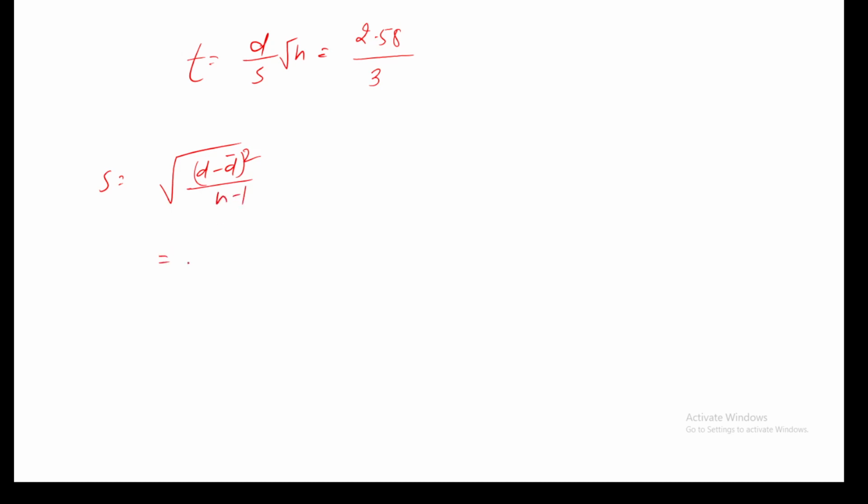Under root of the summation divided by n minus 1. Can anyone say 105.8 upon 11? How much came? It came 3.1. Total value for t is 2.88.